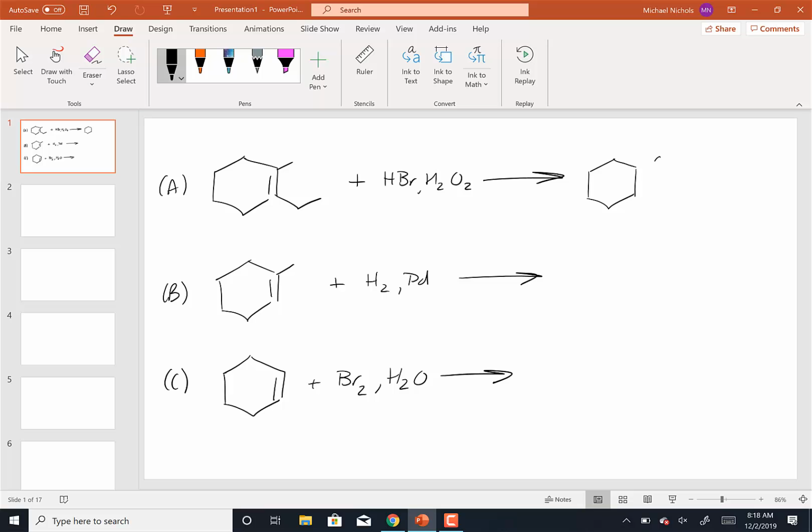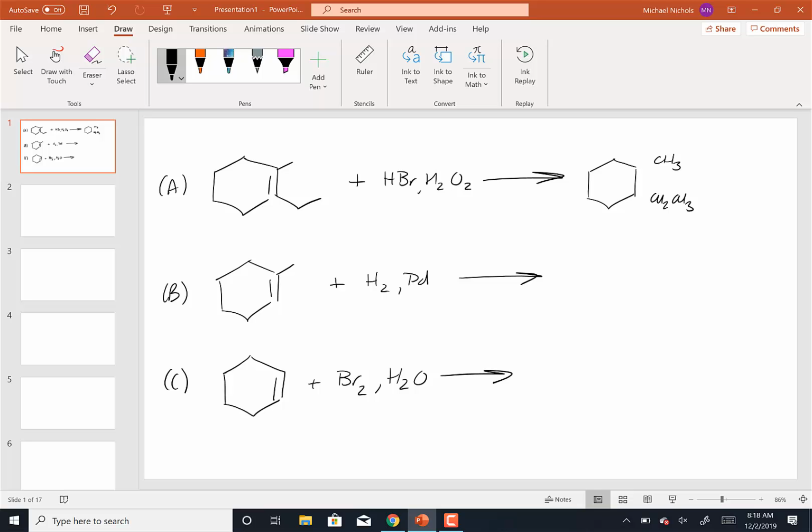How am I adding those? Markovnikov or anti-Markovnikov? Anti-Markovnikov, because the peroxide is there. If it's just HBr, it's Markovnikov. If it's HBr with peroxide, it's anti-Markovnikov. So which carbon should get the hydrogen then?